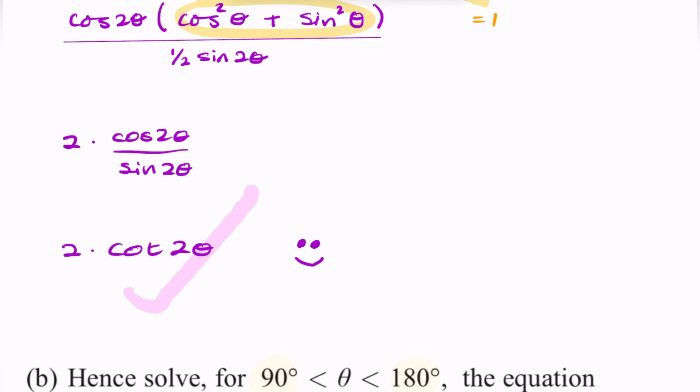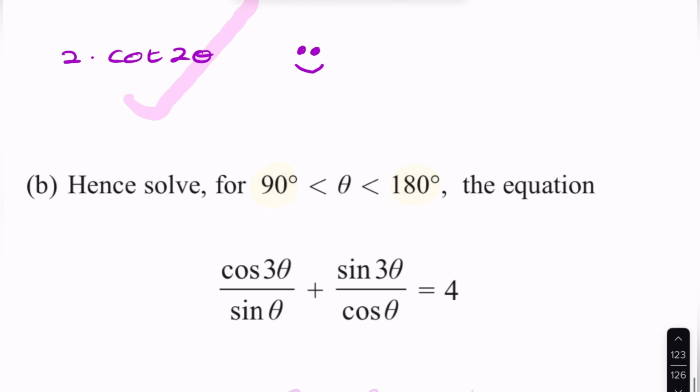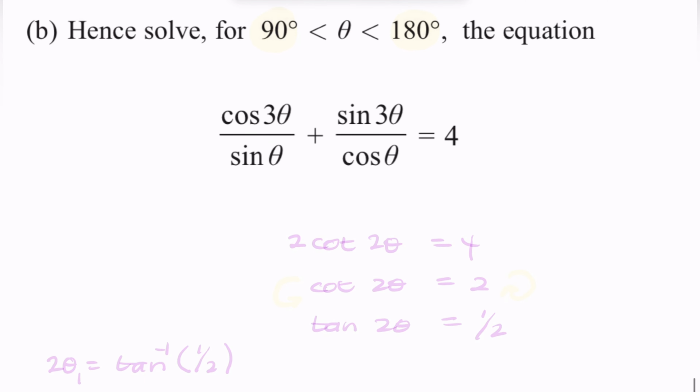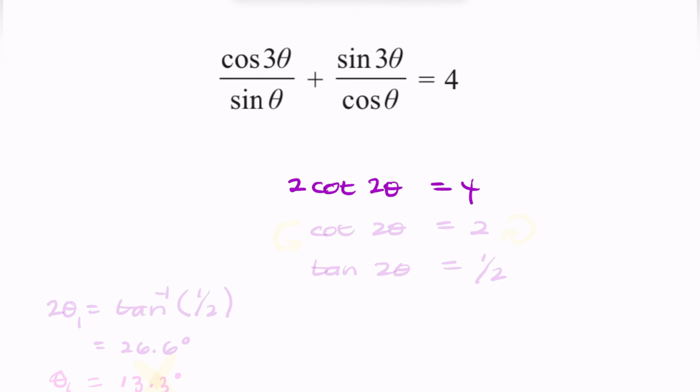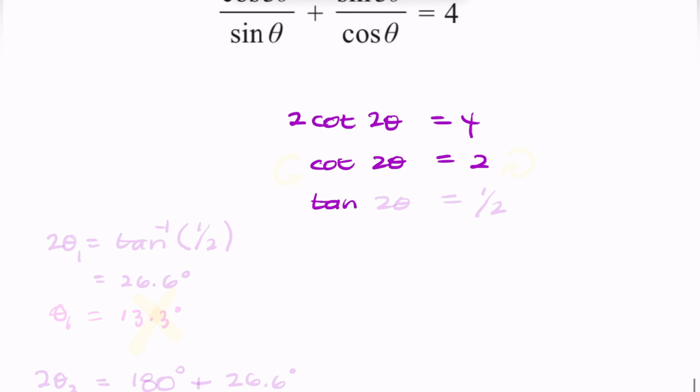Part B goes on to ask for a solution to this equation. Because it says hence, it means we can replace this expression with 2 cotan 2 theta. So we can simply say 2 cotan 2 theta equals 4, or cotan 2 theta equals 2, or tan 2 theta equals 1 over 2.